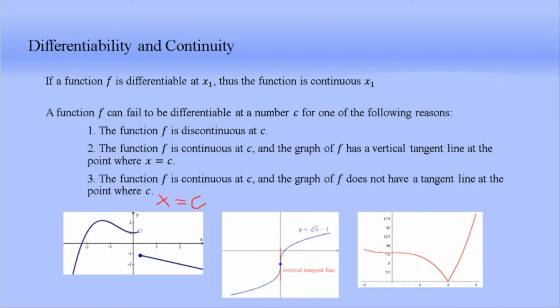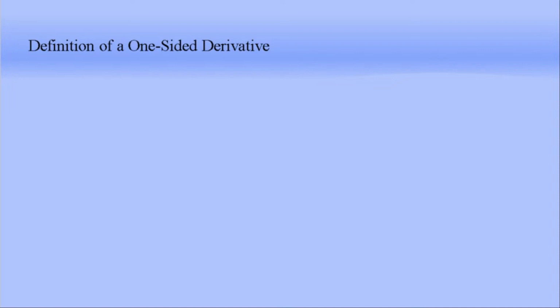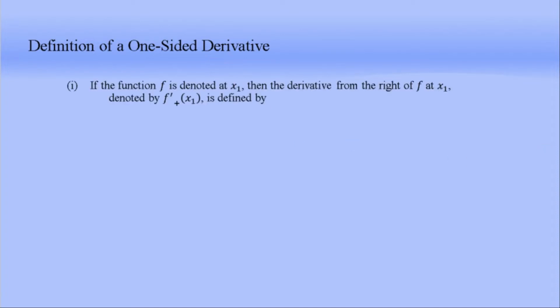Now in order to find if a function is differentiable and continuous, we use the definition of a one-sided derivative. When we say one-sided, we are going to find the derivative of a function from the left to the right.